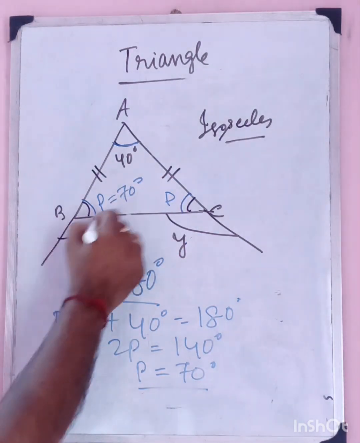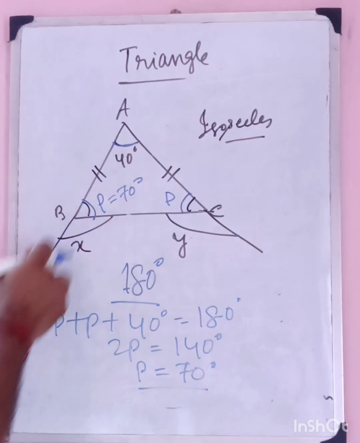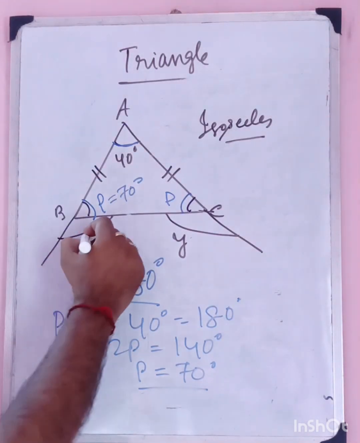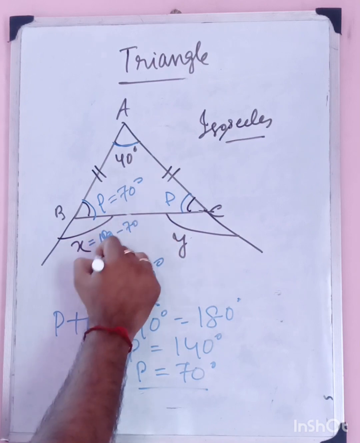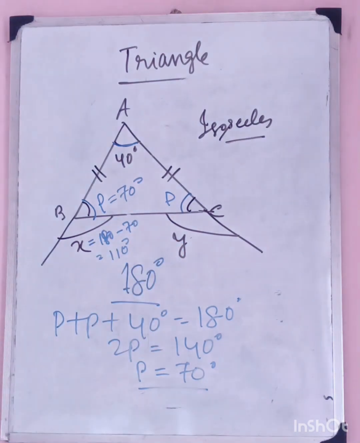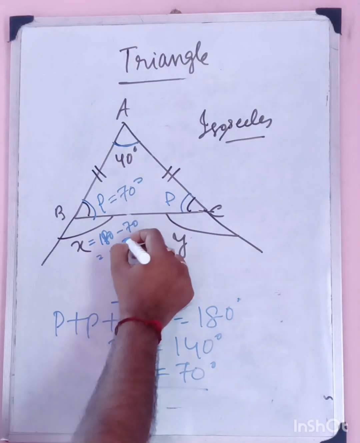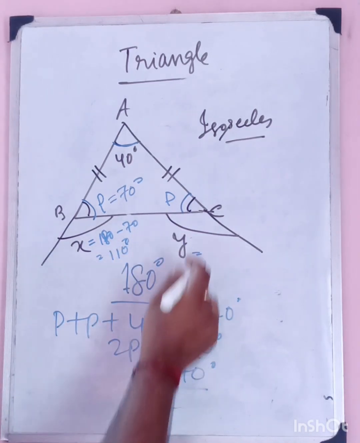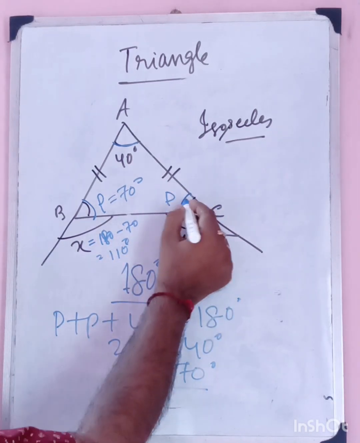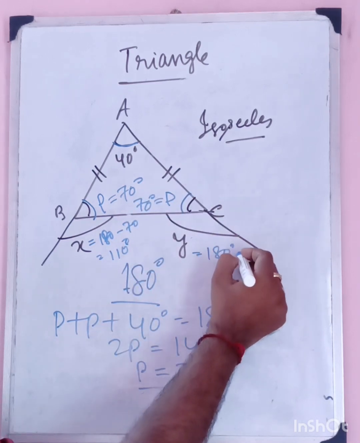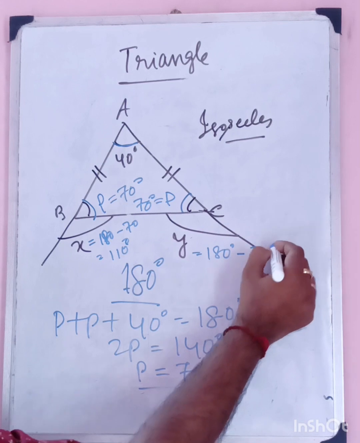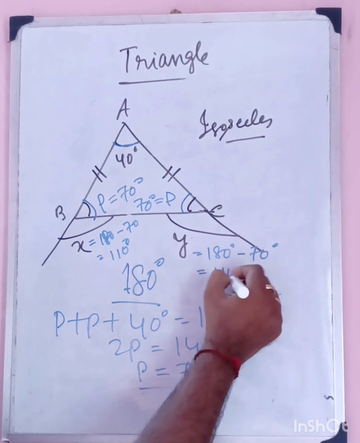And this is the exterior angle when AB is extended. So you get X as 180 minus 70, 110 degree. Again in case of Y, similarly, this is 70 degree. So Y is 180 degree minus 70 degree, that is 110 degree.